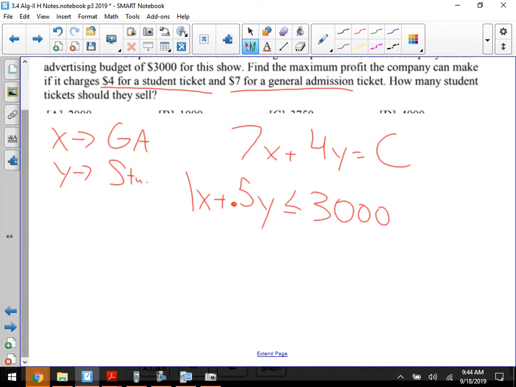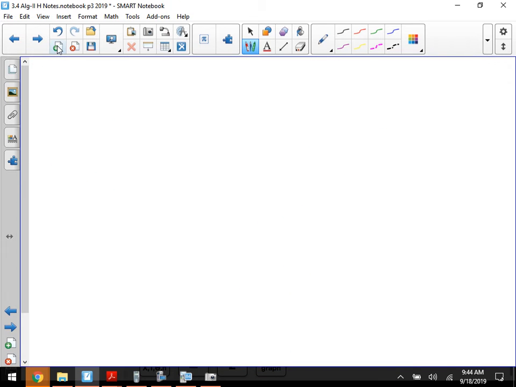Then it said, what was it, no more than 2,000 general admission and 4,000 students. So that means we can have up to and including 2,000 general admission people and up to and including 4,000 students. We can't have negative people. Quadrant 1.